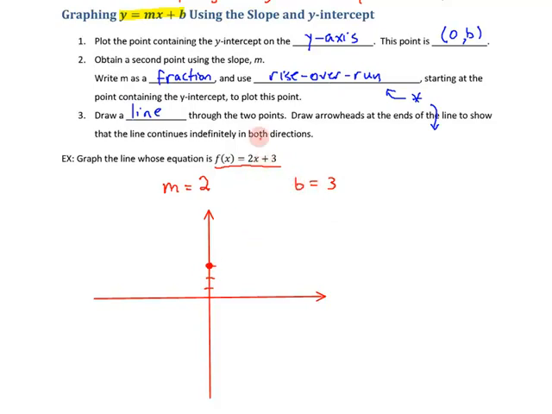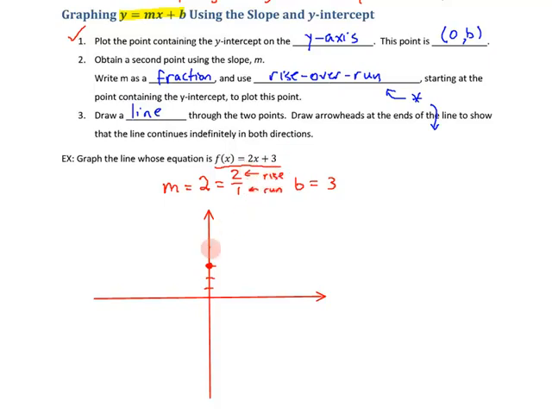Second step is to obtain a second point. I'm going to write the slope as a fraction. Now 2 is the same thing as 2 over 1, so it's not a fraction, just put it over 1. Remember, the 2 is rise, the 1 is run.